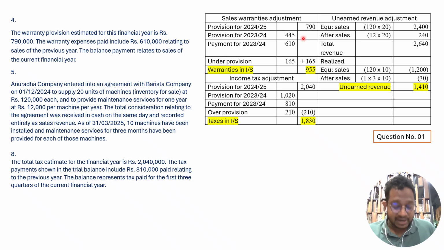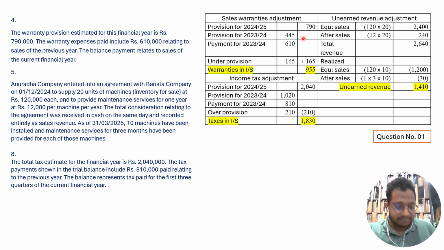When you identify the sales warranty provision at the end of this year in SOFP current liabilities, you have to subtract the payment that you made for this year from this year's total provision. So this year's total provision is 790, and you already paid 240, which means the sales warranty provision that you should mention in current liabilities is 550.